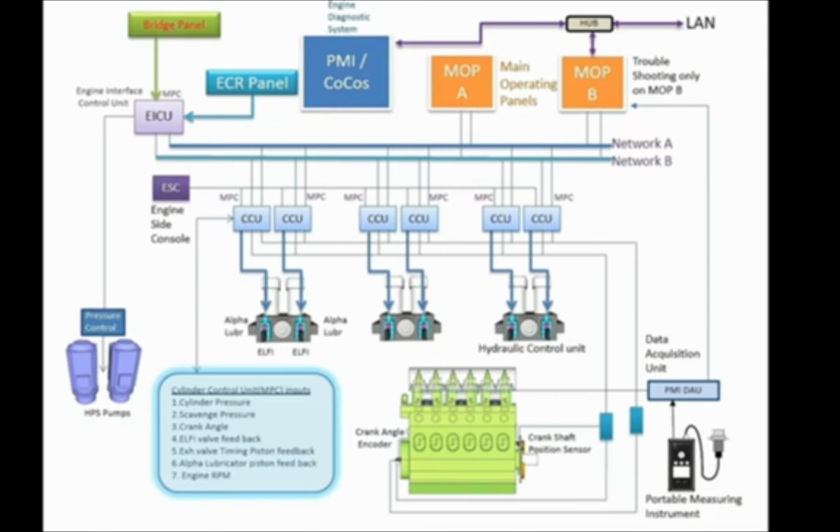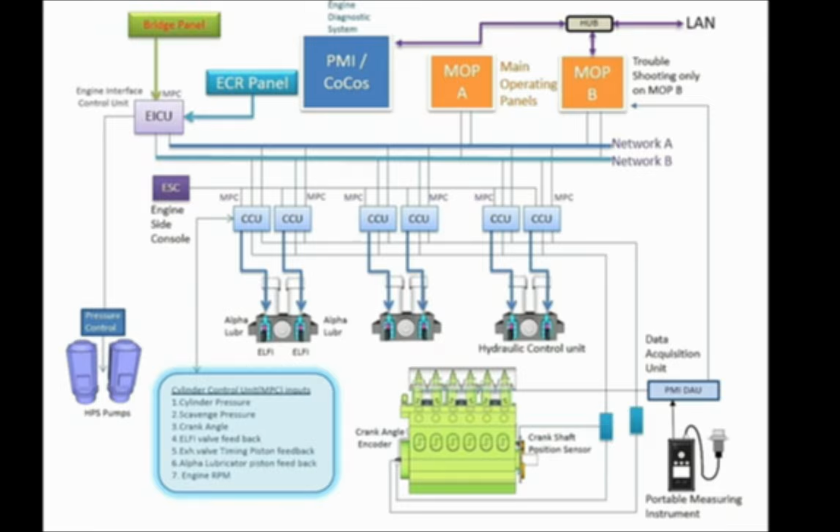This cylinder control unit also controls the Alpha lubricator units for cylinder lubrication. And all cylinder pressures are measured with sensors fed to MOP-B through the data acquisition unit.